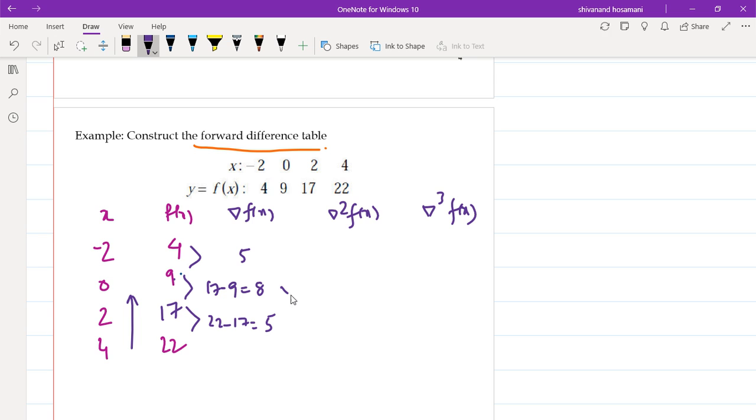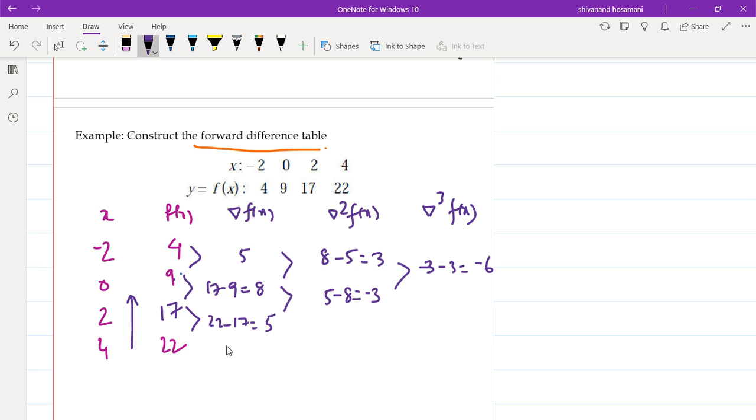Again, to find del square f of x, that is 5 minus 8, which is minus 3, and 8 minus 5. To find del cube, this is minus 3 minus, this is going to be minus 6. The table remains the same for the forward as well as backward table in this case.